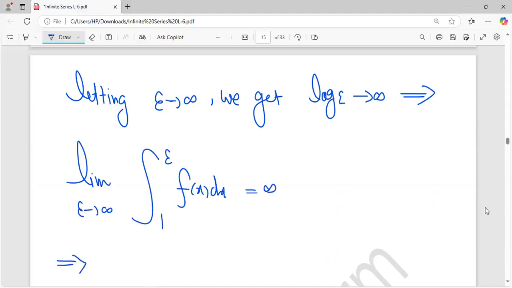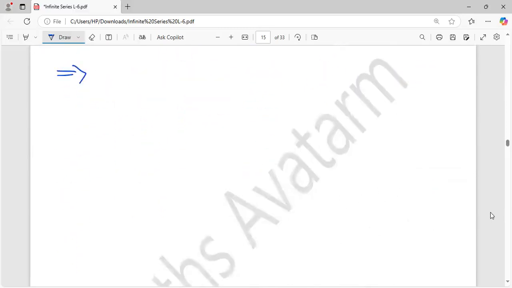This implies the integral from 1 to infinity f(x) dx is divergent.